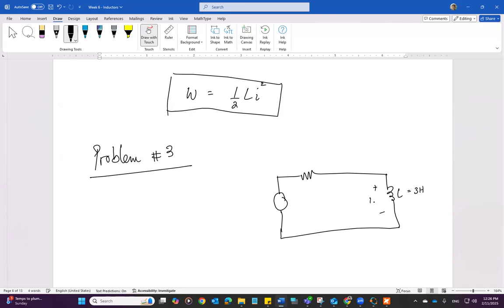Voltage across inductor is VL. Resistor is given as 0.1 ohms. And this is a current source, AC current source rather. Its value is IS(t) is 12 sine pi t over 6.